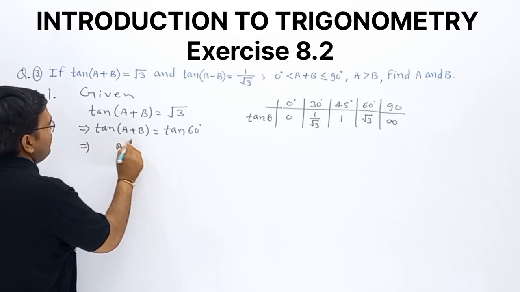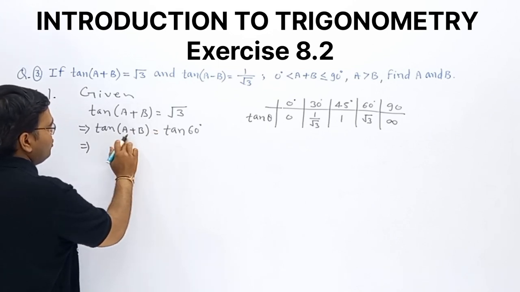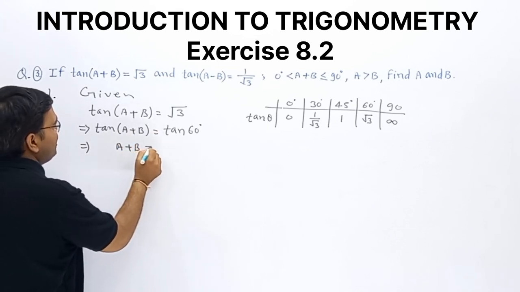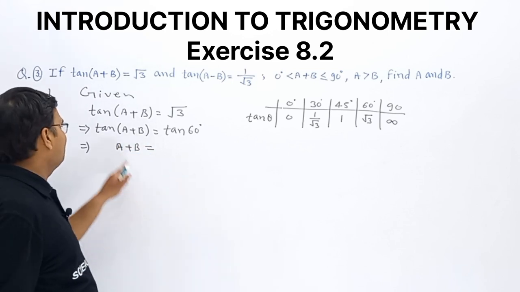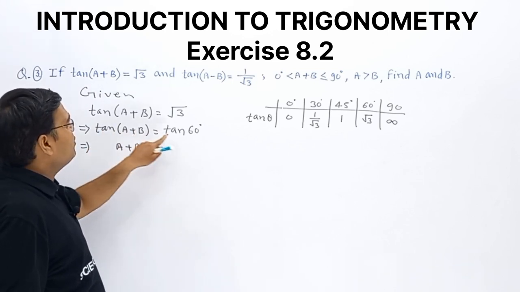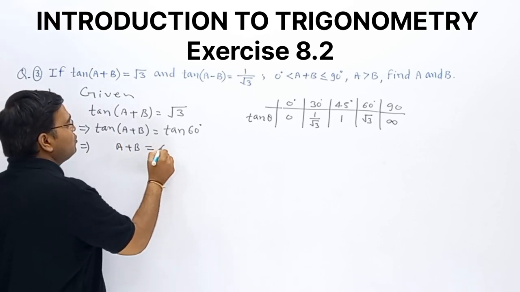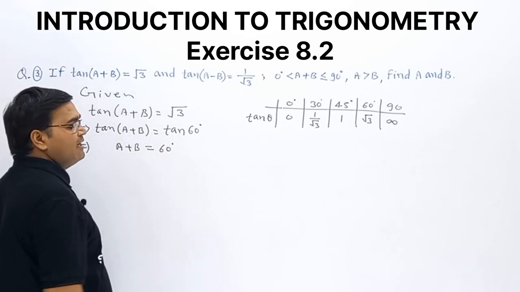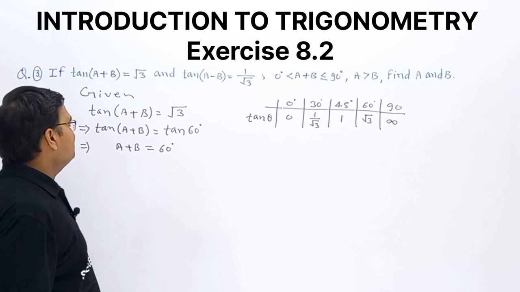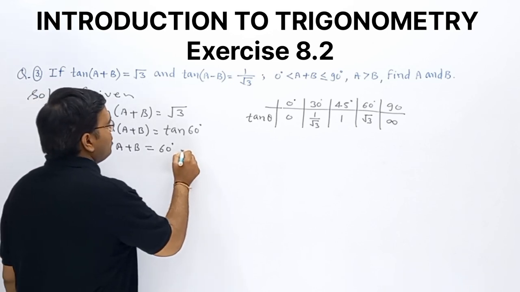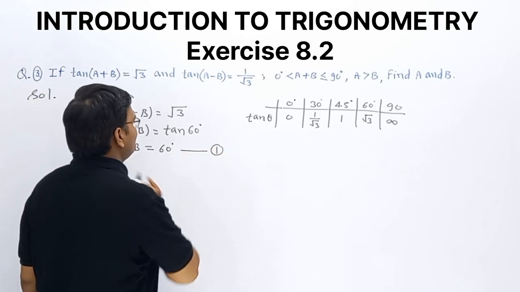A plus B both have tangent, so we can write tangent of A plus B equal to tangent 60, both are tangent, so we can write A plus B equal to 60 degree. Clear? A plus B equals 60 degree. This is equation number 1.